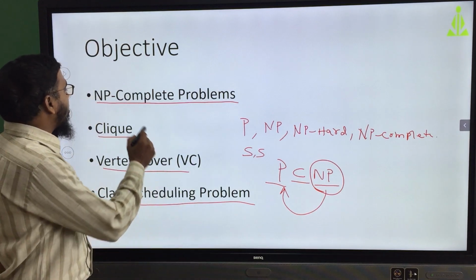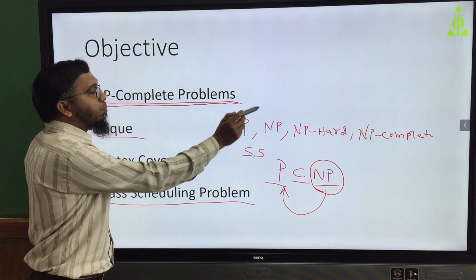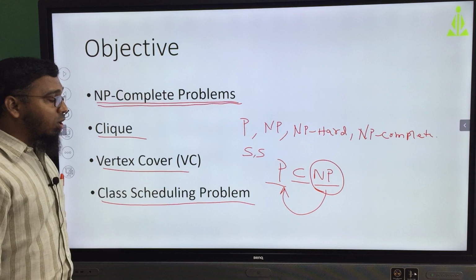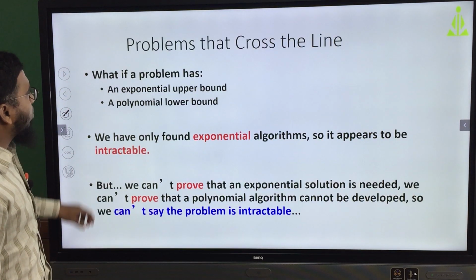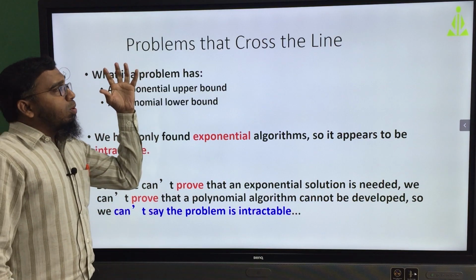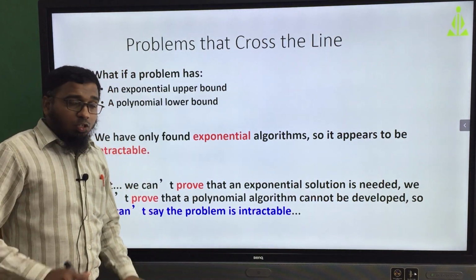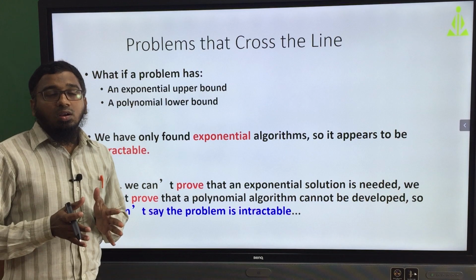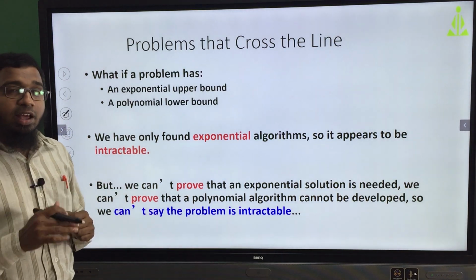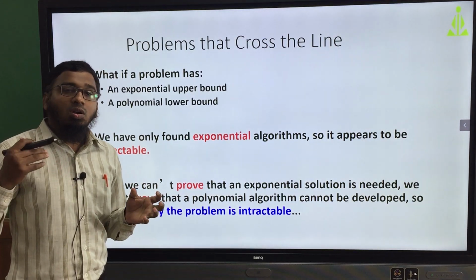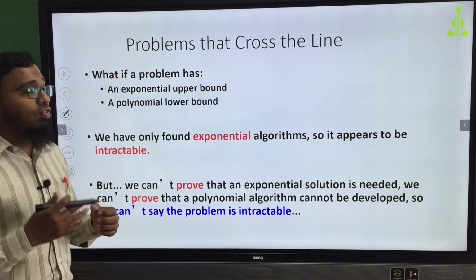From NP there are NP complete problems. What are the NP complete problems we are going to see? Problems that cross the line: if you are not able to solve a problem in polynomial time, then you need to use the non-deterministic algorithm to solve that problem.